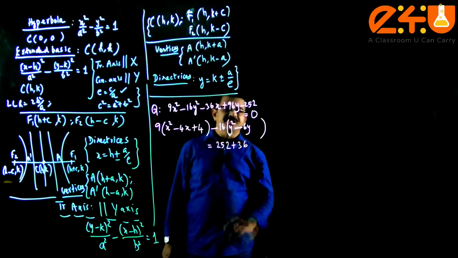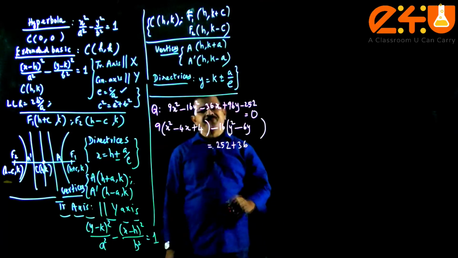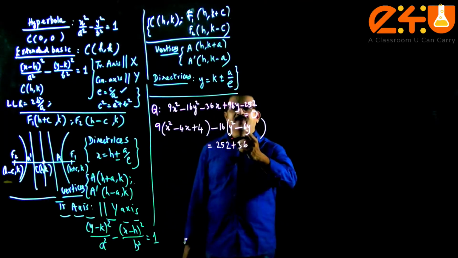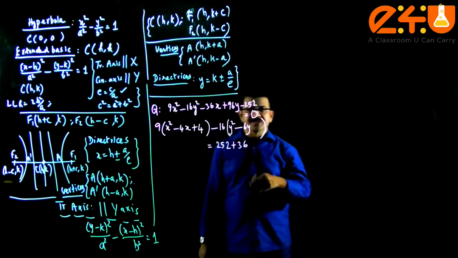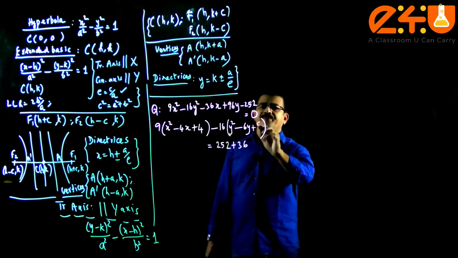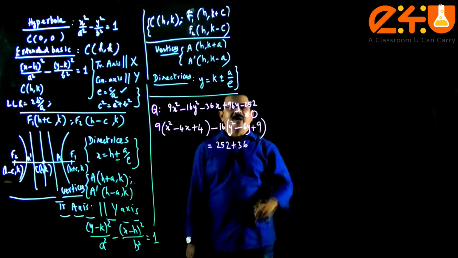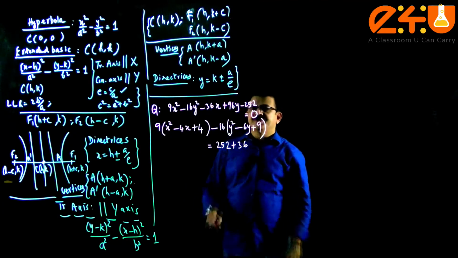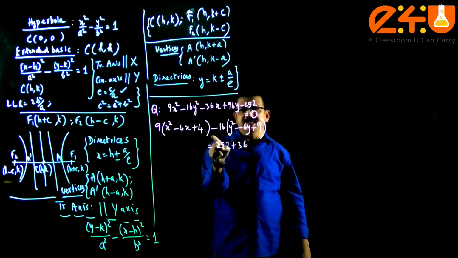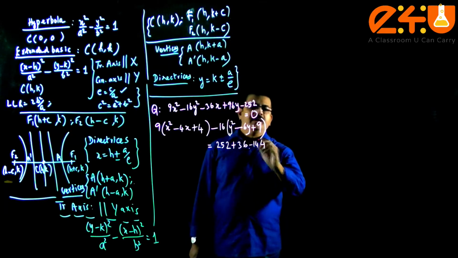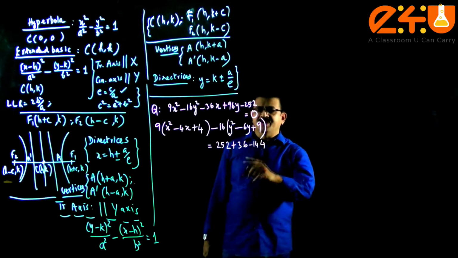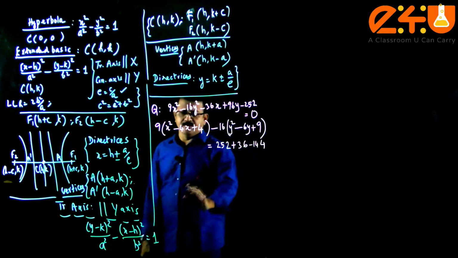So let us add 36 on RHS. And here the coefficient of y is negative 6, half of it is negative 3, square it, you get 9. So by adding 9, what I have done is 9 times minus 16, that means I have subtracted 144. So I do the same subtraction on RHS also.